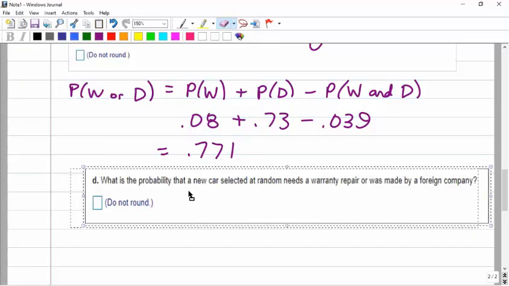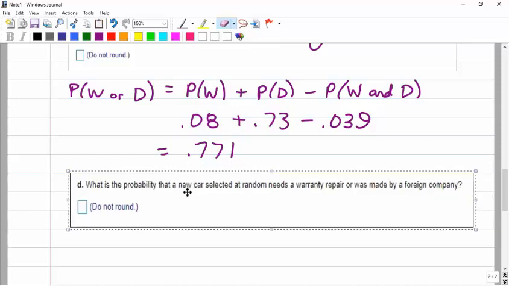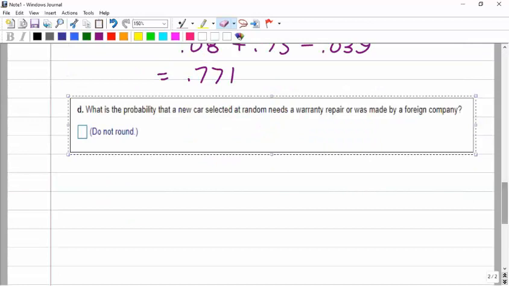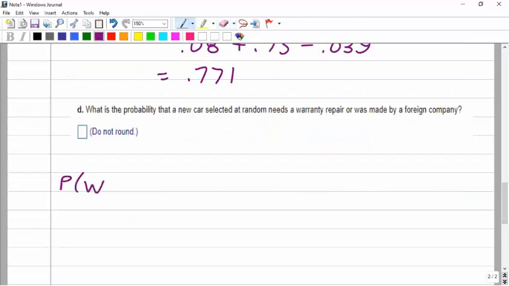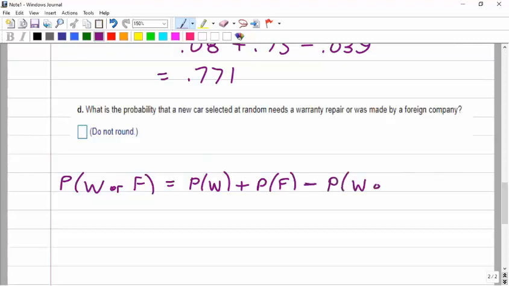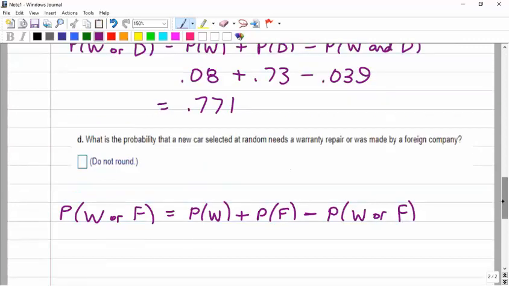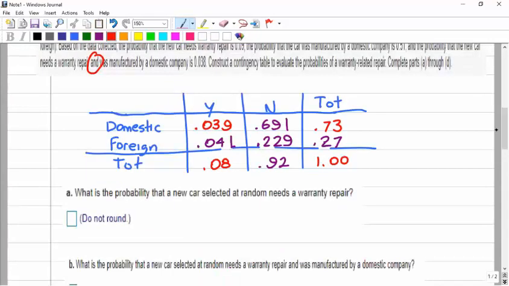Warranty or foreign. Yeah, now we needed those numbers. The probability of warranty or foreign equals the probability of warranty plus the probability of foreign minus the probability of warranty and foreign. Our warranty we already know is 0.08. Now, what's the probability of it being a foreign vehicle? Right here, 0.27.